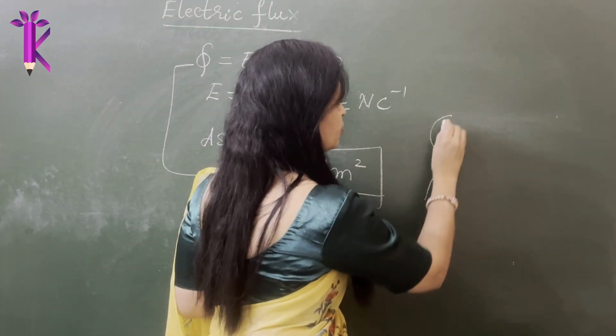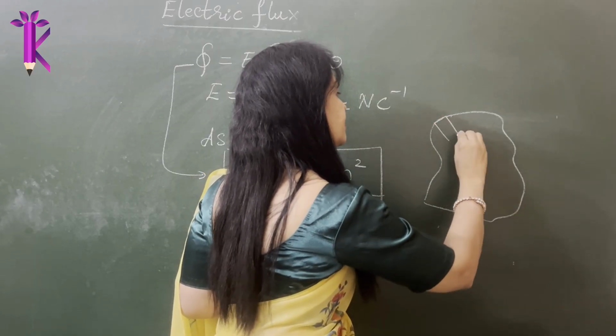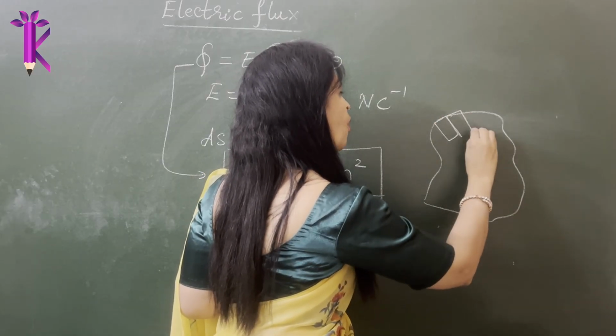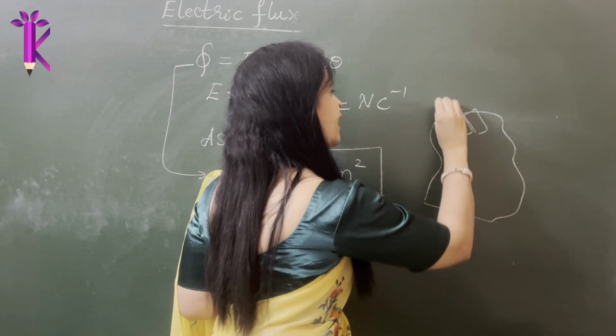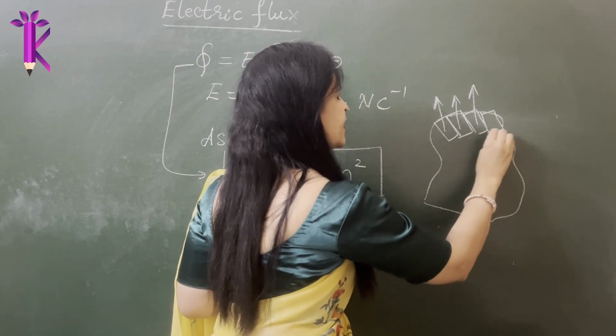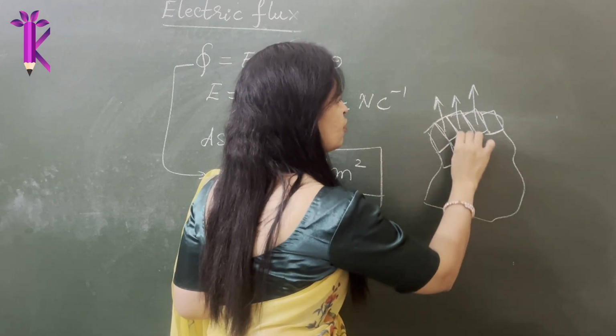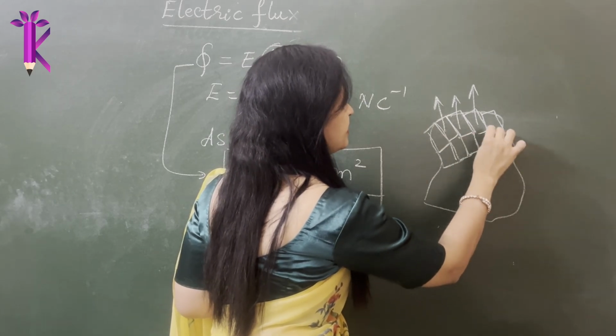For any given closed surface, we assume the surface to be divided into infinitesimally small surface areas, with different normals pointing in different directions. You assume they will be microscopic, very thin slices, each of 1 millimeter square or even less than that.